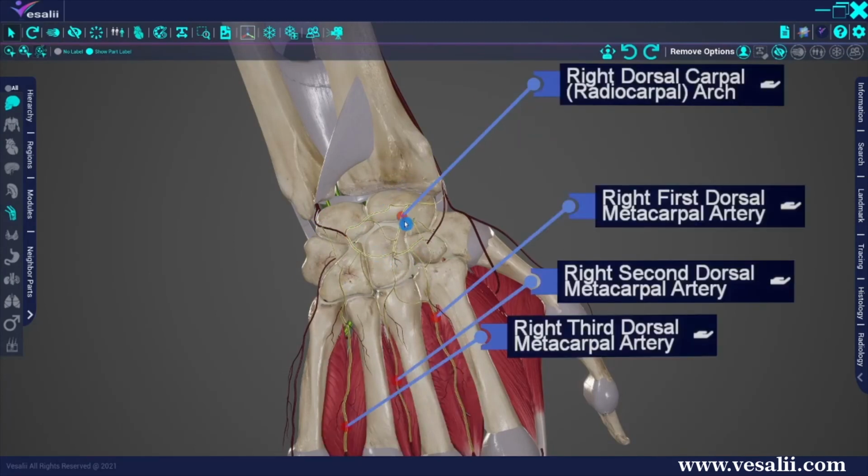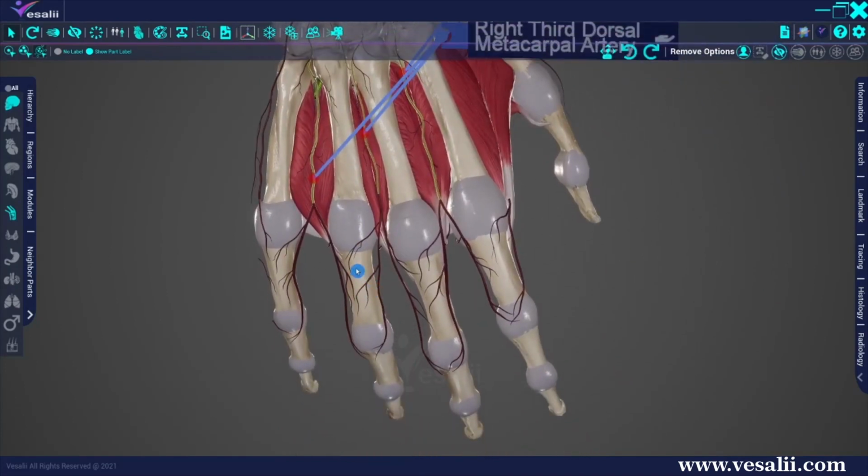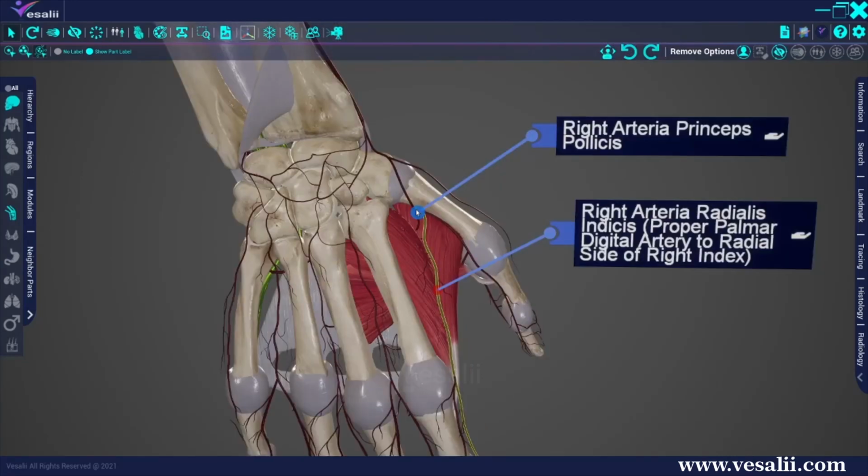The dorsal carpal arch gives rise to 3 dorsal metacarpal arteries that run distally on the second, third, and fourth dorsal interosseous muscles and divide to become small dorsal digital arteries that enter the fingers. 2 branches, the princeps pollicis artery or the principal artery of the thumb, and the radialis indicis artery, arise from the radial artery just as it turns medially towards the deep part of the hand.